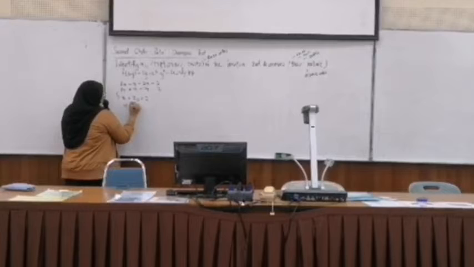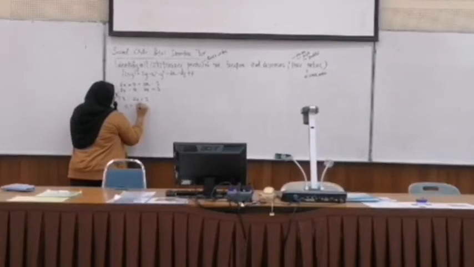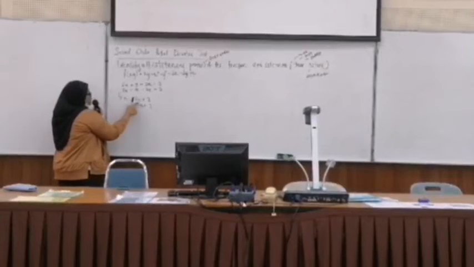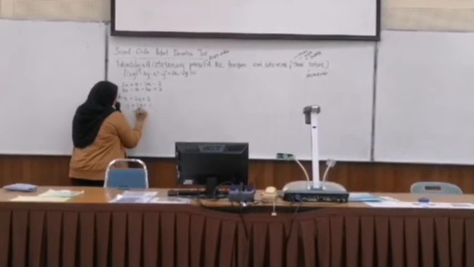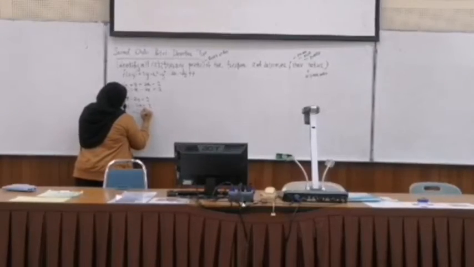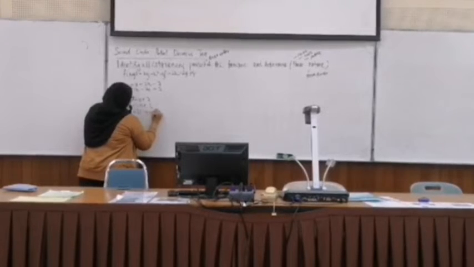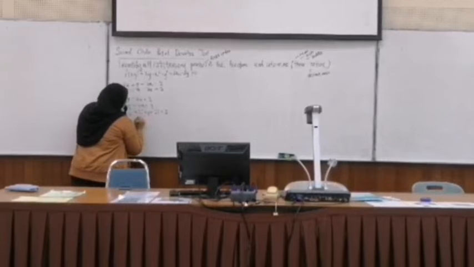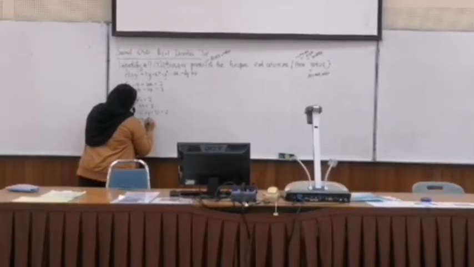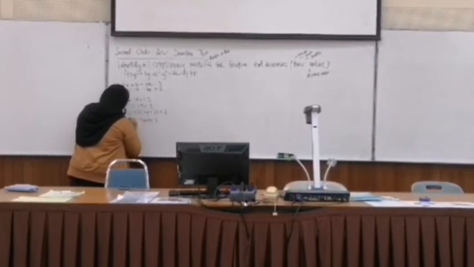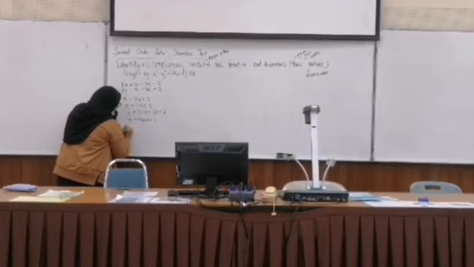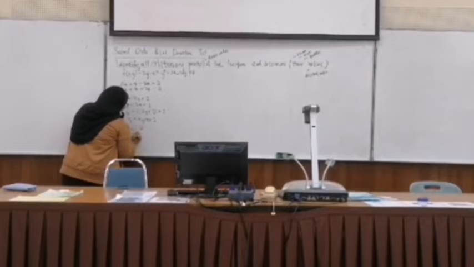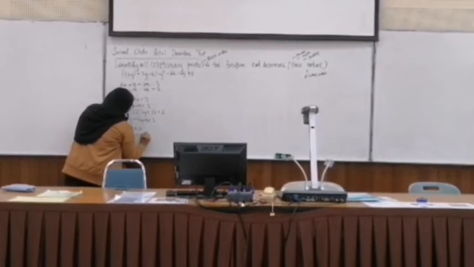So y equal to 2x plus 2, which we know x is 2y plus 2, so we substitute 2 in bracket 2y plus 2 plus 2, and we will get 4y plus 4 plus 2, and y minus 4y equal to 6, y equal to negative 2.